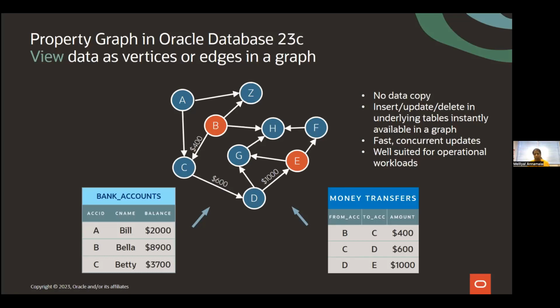You have all of these logs and things in place, so things are really very mature in that technology. So you can now use graphs with operational workloads, because it's just built on the Oracle database, which is designed for various things, including operational workloads. And now graphs can be part of that.